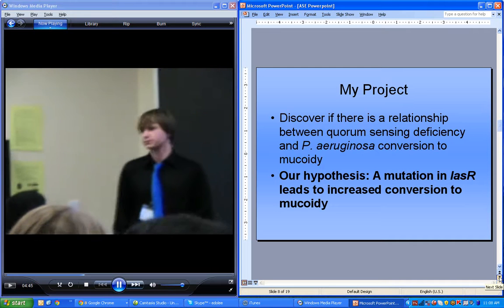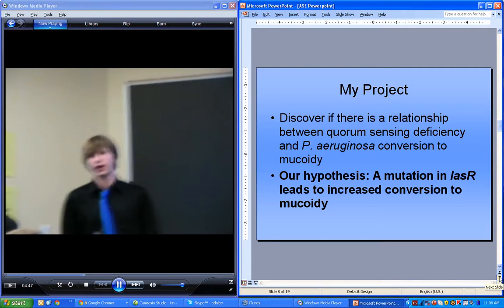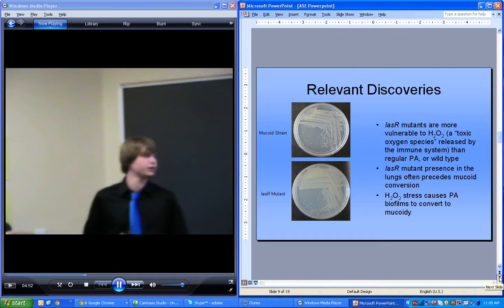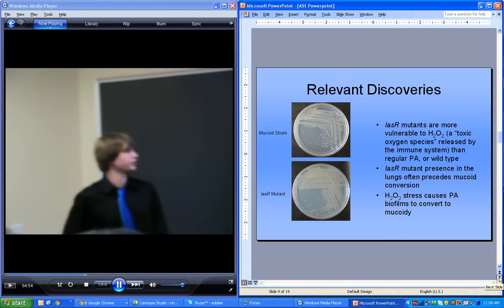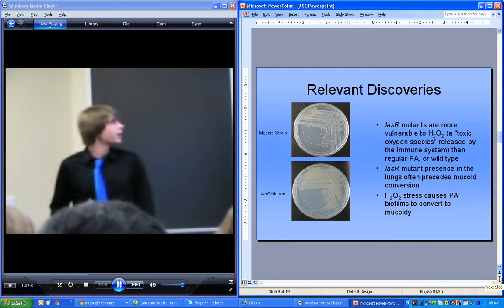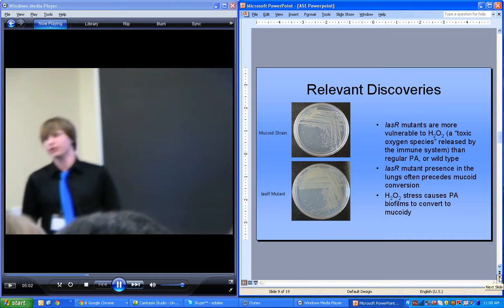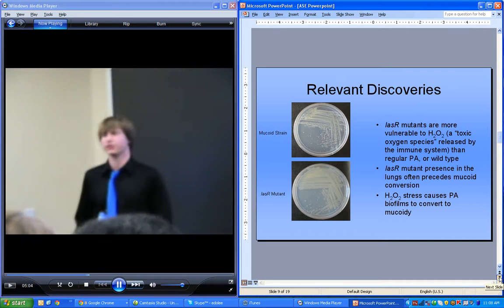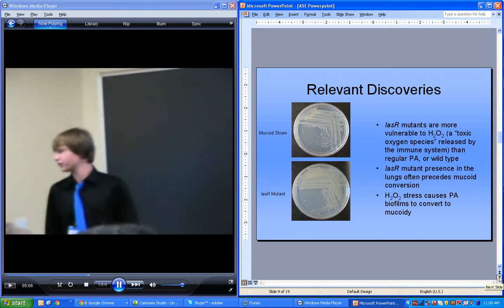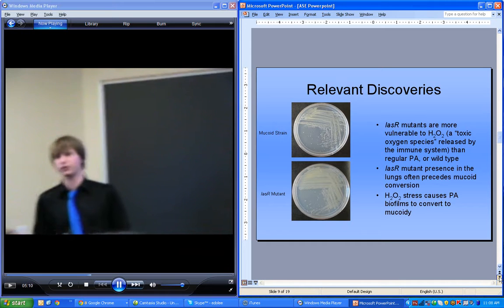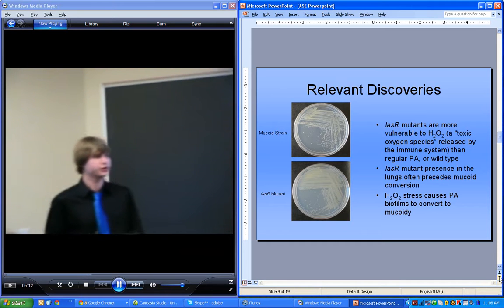LasR mutants are more vulnerable to hydrogen peroxide, which is released by the immune system in response to bacteria establishing an infection. LasR mutant presence in the lungs a lot of the time precedes mucoid conversion of Pseudomonas aeruginosa, and hydrogen peroxide stress causes Pseudomonas aeruginosa biofilms to convert to mucoid.